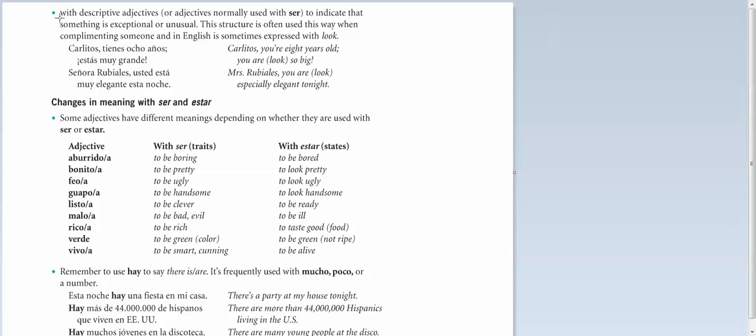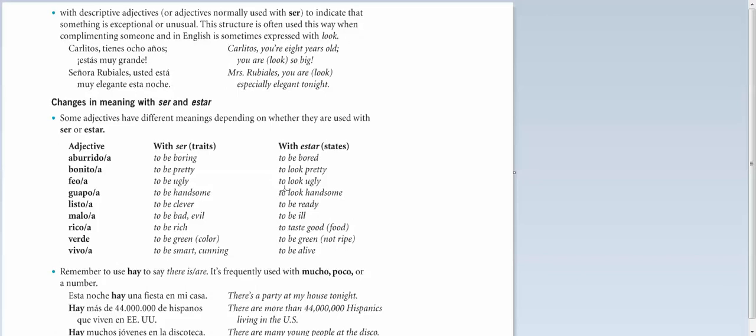Okay, so here, descriptive adjectives, those that tell size, shape, color, etc., are typically used with ser. With descriptive adjectives or adjectives normally used with ser to indicate that something is exceptional or unusual, the structure is often used this way when complimenting someone, and in English is sometimes expressed with look.